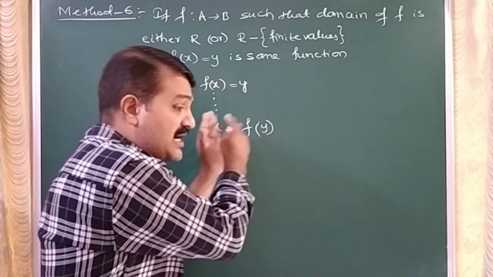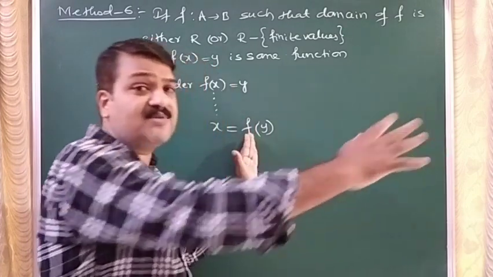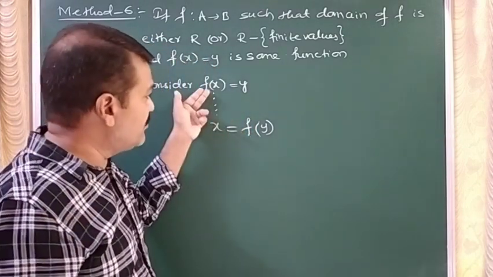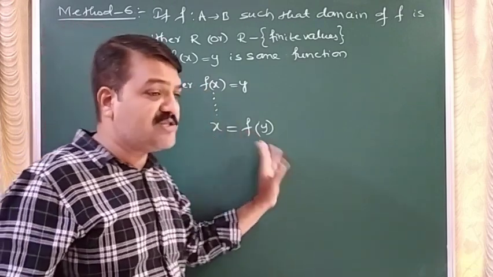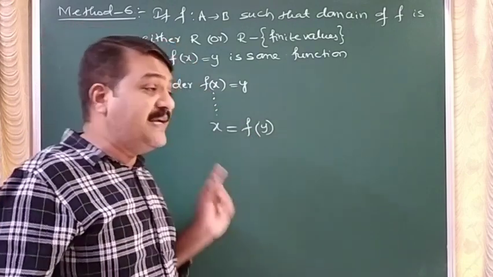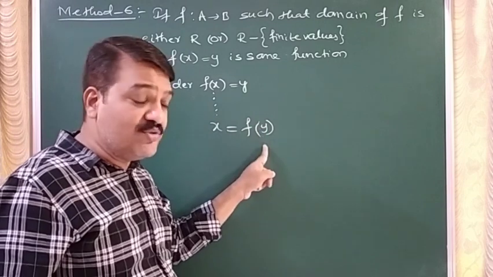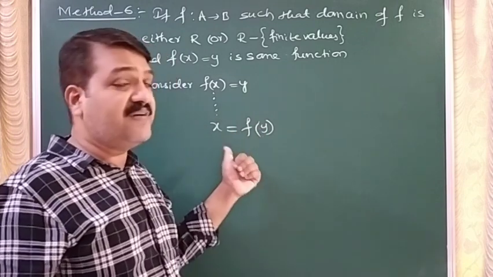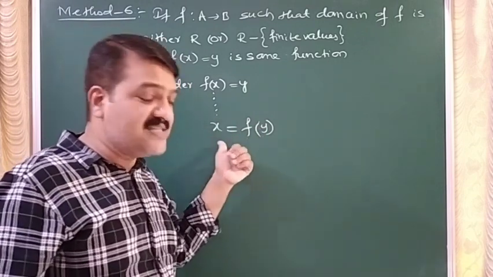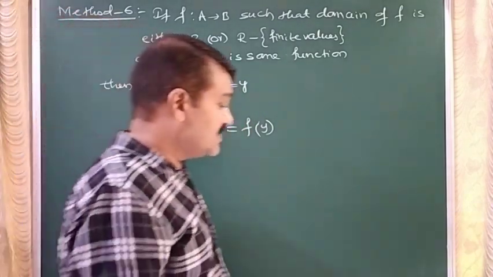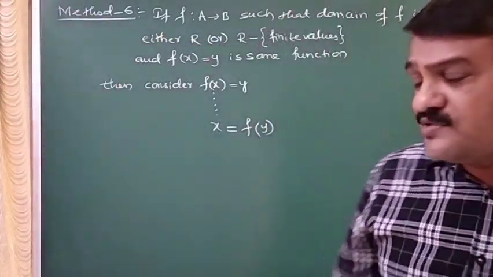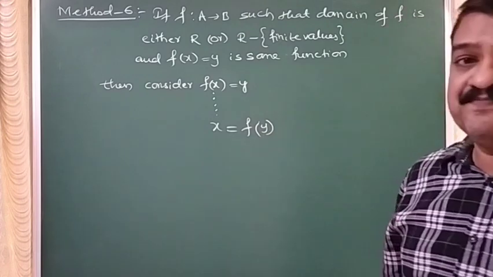The RHS must be completely in terms of y. If you modify the function and write it in this form, then try to find the values of y for which this is defined.